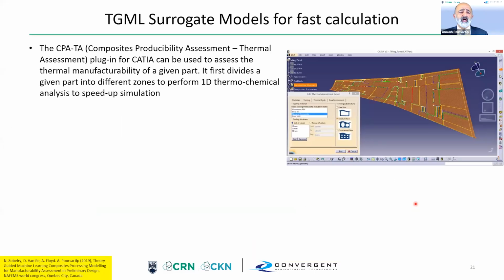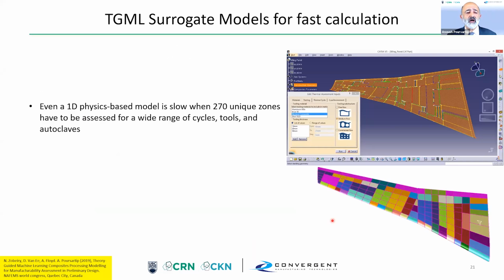Well, Convergent has a thermal assessment plugin for CATIA, which is intended to help a designer at the conceptual stage figure out if their part is thermally producible. So if we actually take a representative wing skin with, say, 270 unique zones, and we try to run very quick 1D drills of this problem, what we find is that because at this stage there is no tool, no autoclave, no cycle predetermined, we have to evaluate a whole bunch of choices.